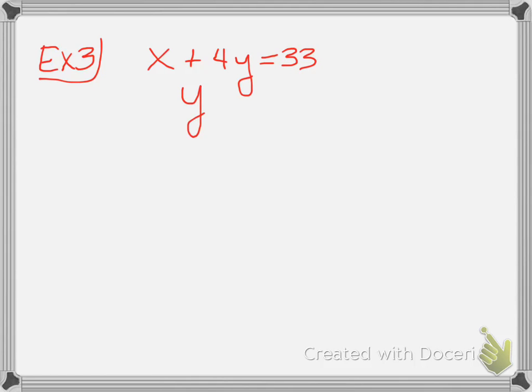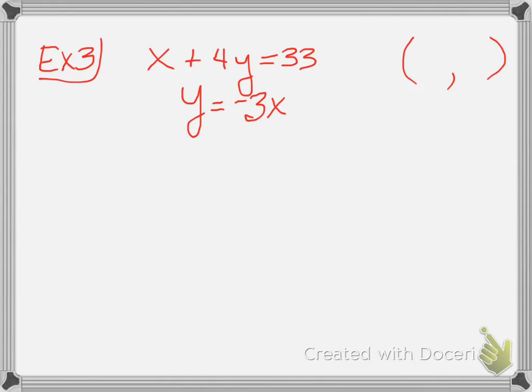Okay, third example. The first equation is x plus 4y equals 33, and the second is y equals negative 3x. Again, it doesn't say x equals a number or y equals a number, so we don't know for sure.